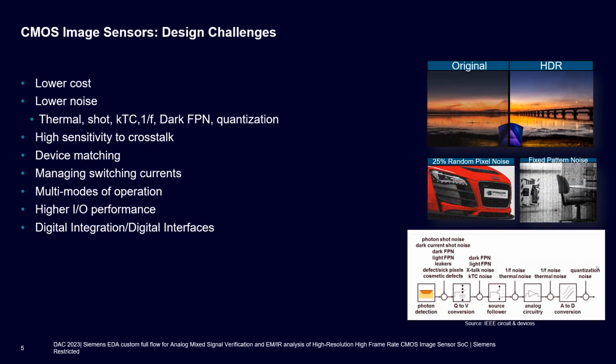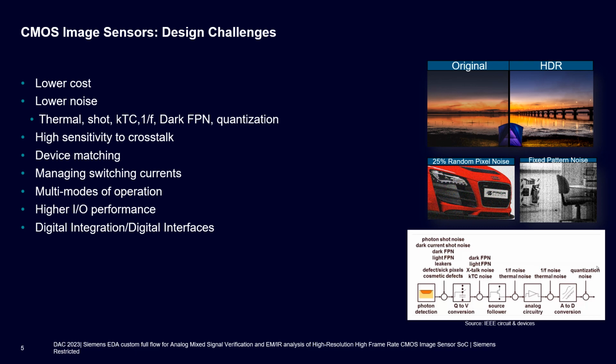So what are the major design challenges in CMOS image sensors? There is always a drive for lower cost while improving the quality and reliability of CMOS image sensors. I would say optimizing noise is the biggest challenge for designers today. They must account for every diverse noise, including thermal, shot, KTC, 1/f noise, dark fixed pattern noise and quantization noise.